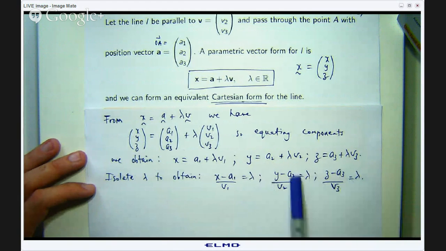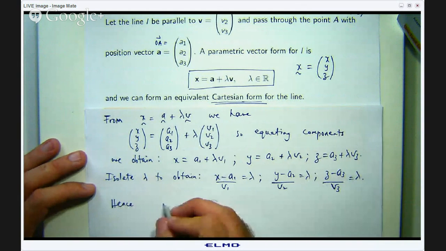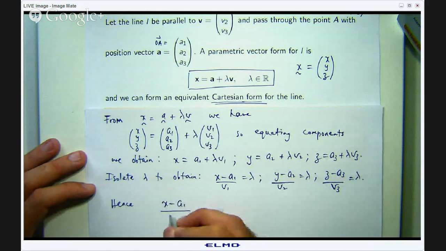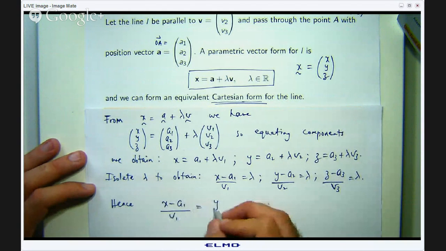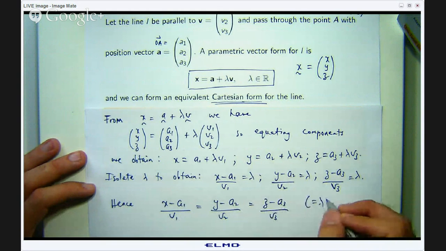We can make these all equal to each other. And if I wanted to, I can put this lambda in over here.